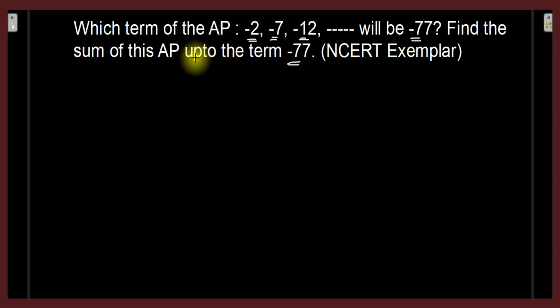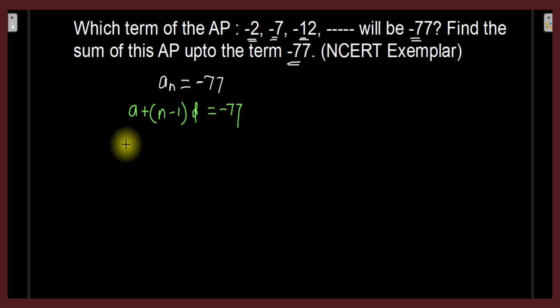So here what is given is that An is equal to what? It is minus 77. The last term is minus 77. Now An is what? It is A plus n minus 1 into D, which is equal to minus 77.